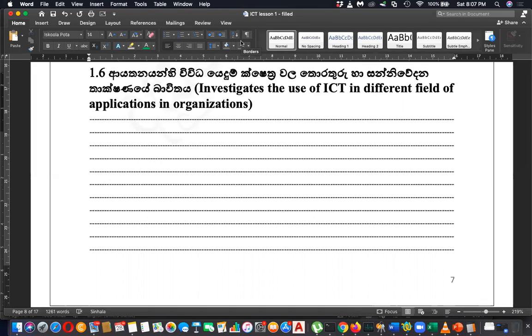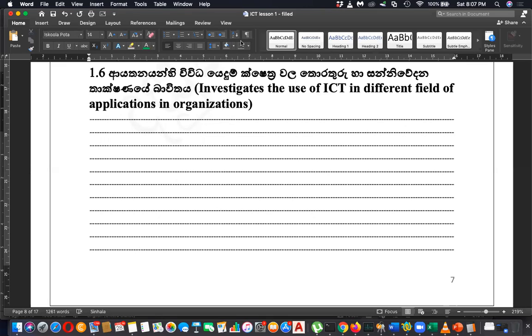Health field, yes, correct. What else? Agriculture, correct. Education, correct. All health, agriculture, and education.